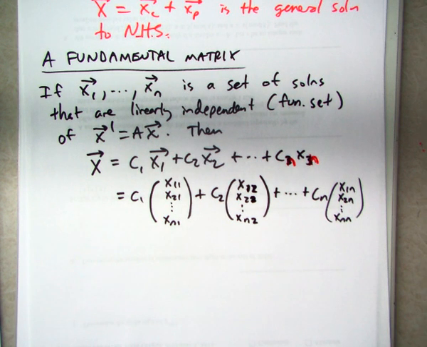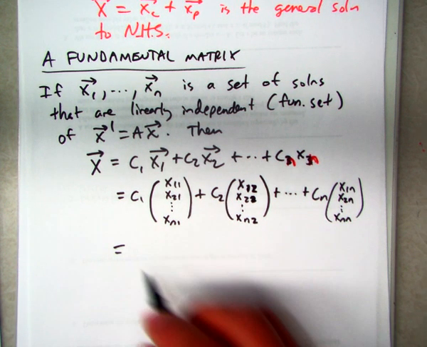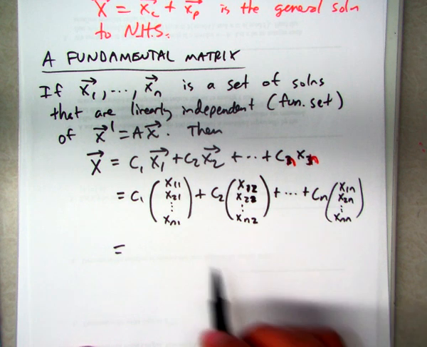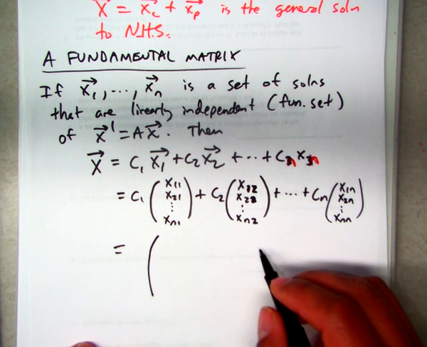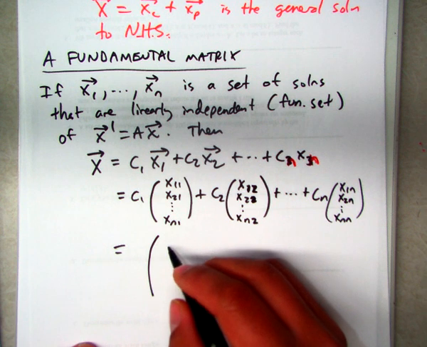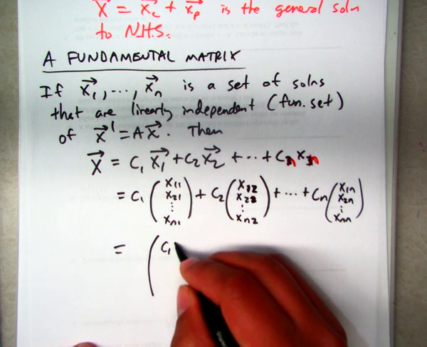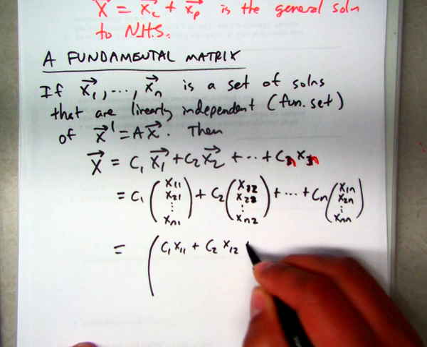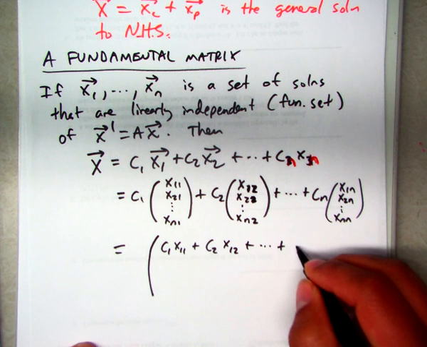If I go ahead and actually add all of this up and form our answer, we're going to have one giant matrix: C1x11 plus C2x12 plus all the way through C sub n x1n.